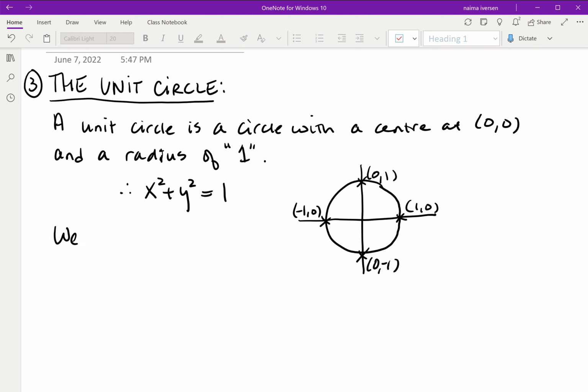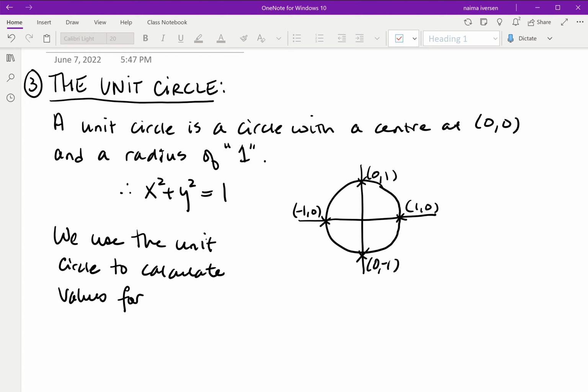We use the unit circle and our angles in standard position to calculate values for angles like 0 degrees, 90 degrees, 180 degrees, 360 degrees, negative 720 degrees, and so on.